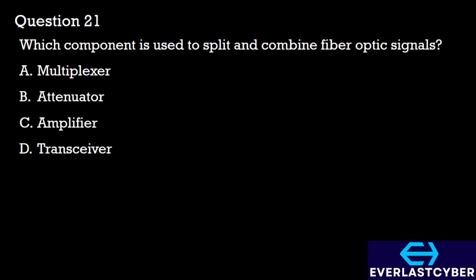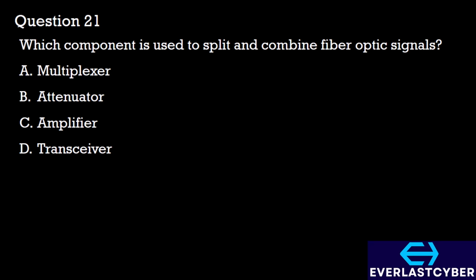Question 21. Which component is used to split and combine fiber optic signals? A. Multiplexer. B. Attenuator. C. Amplifier. D. Transceiver. A multiplexer is a device that combines multiple signals into a single one for transmission over a single optical fiber.